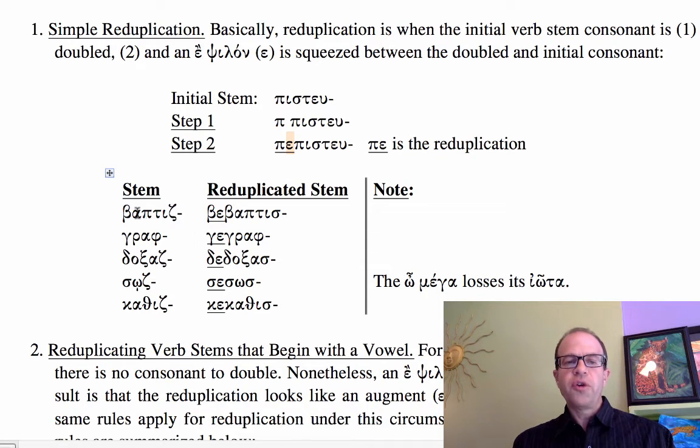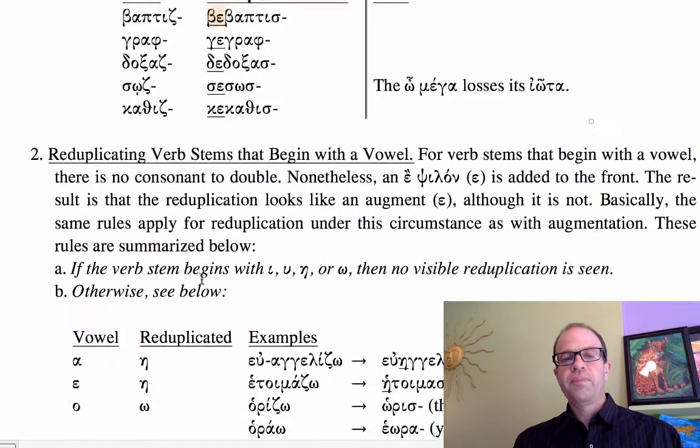So with these other verbs, like baptizo, grapho, doxazo, sozo, katizo, the reduplication is simply as follows. You double the first consonant, you add an epsilon, and you have the reduplication. These verb forms are rather nice to parse because you'll see that real obvious reduplication on the front.